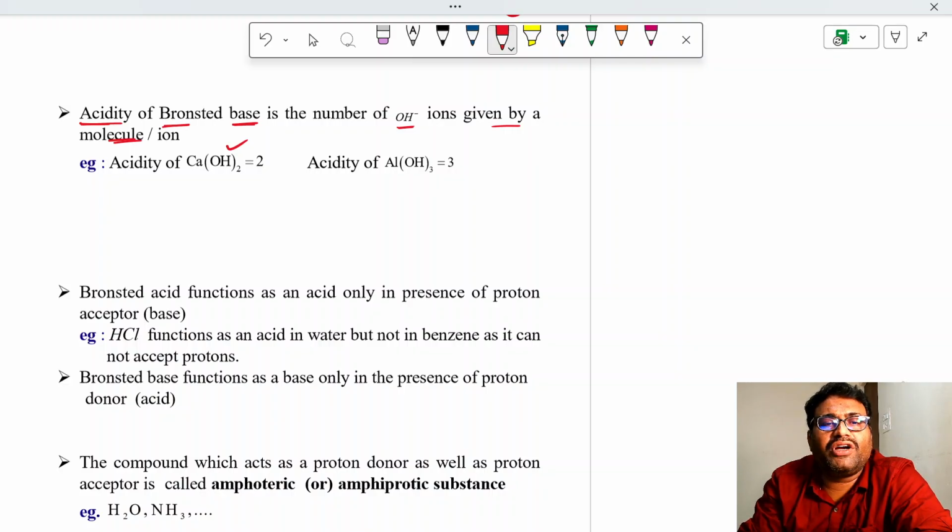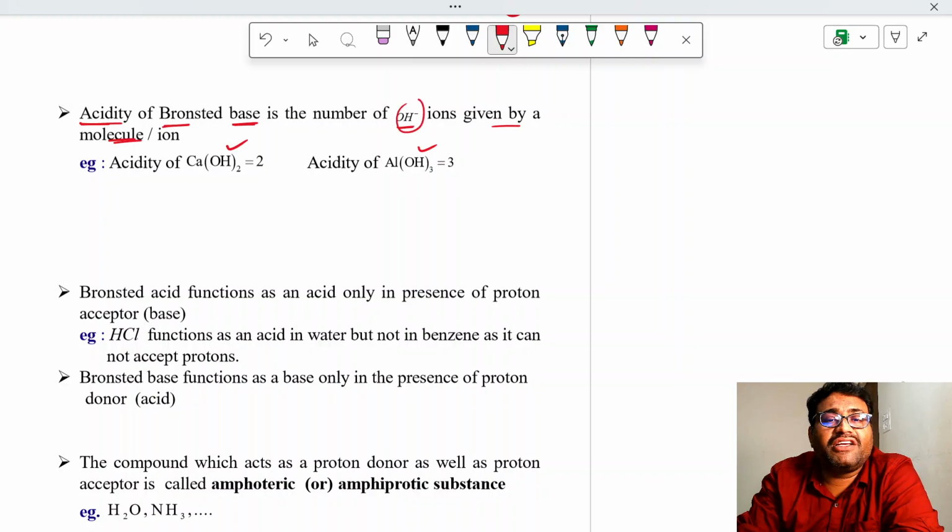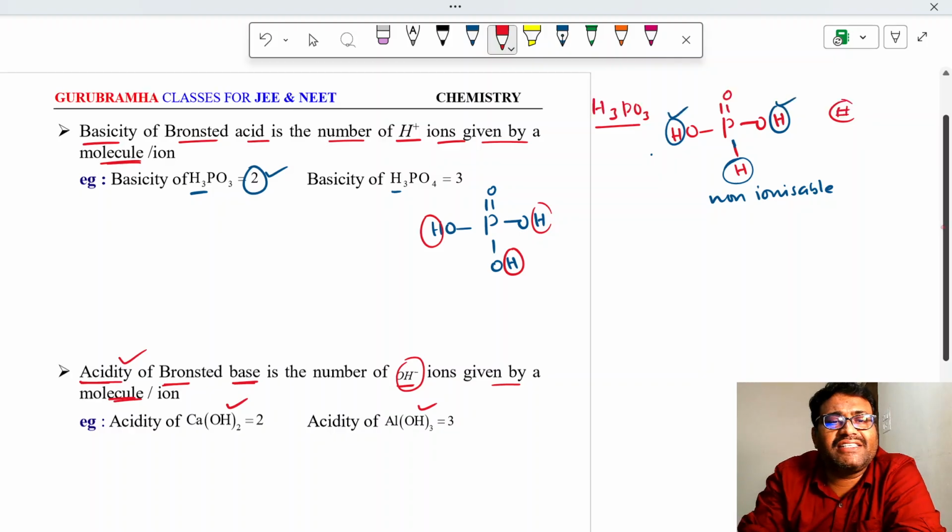So the number of OH is called the acidity of a base. What is meant by acidity of a base? For a base, we are calculating acidity: how many OH minus it is able to produce or ionize. That number of OH minus given by a molecular ion is called the acidity of a base. So for a base we calculate acidity, and for an acid we write basicity.